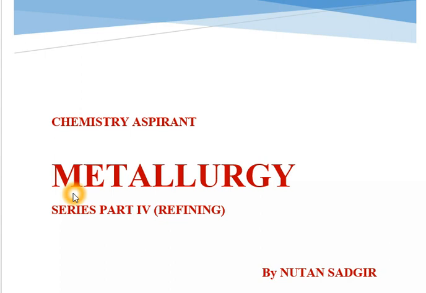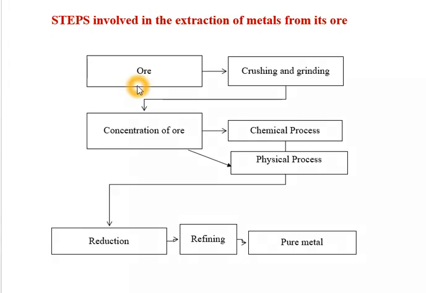Today we are learning Metallurgy series part 4. Here you can see the flow chart of extraction of metal from its ore. We already saw that the ore obtained from mining undergoes crushing and grinding.